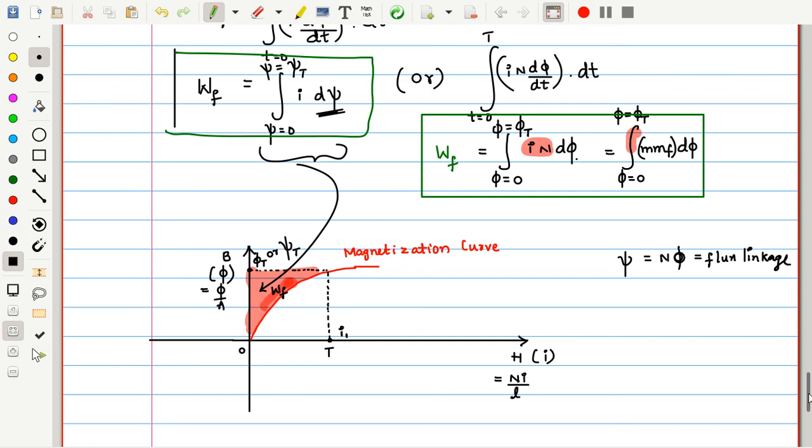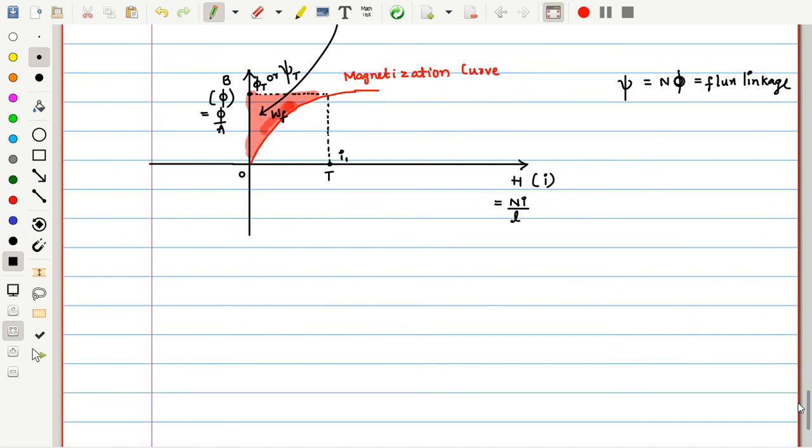Here you can see one important fact also, that WF represents the energy stored in the magnetic field, which is equal to the area under the magnetization curve and the flux linkage line.